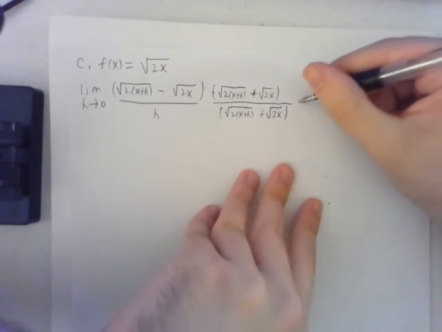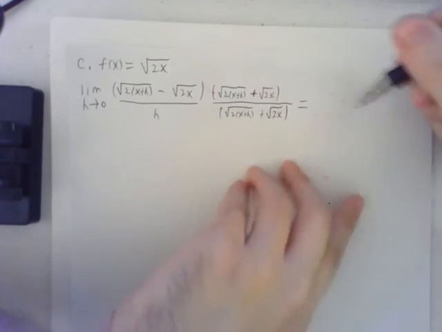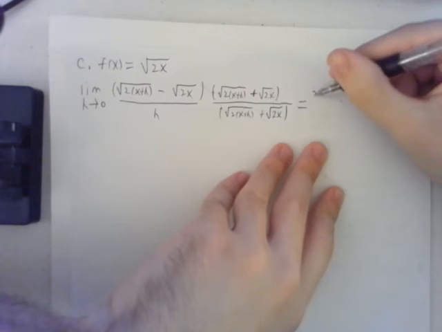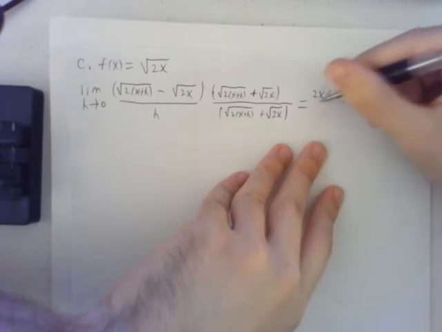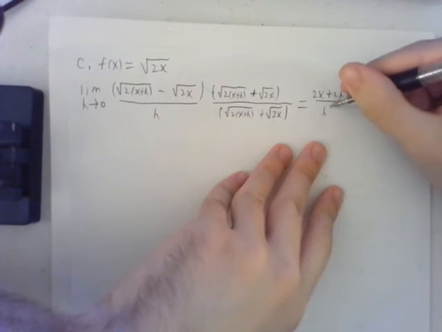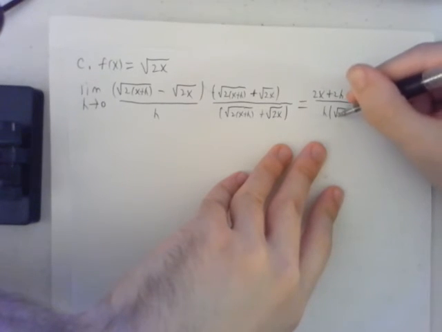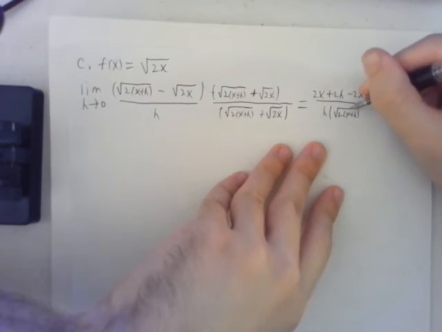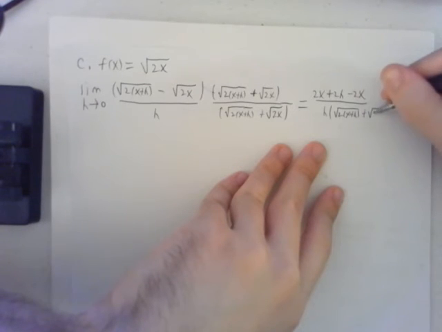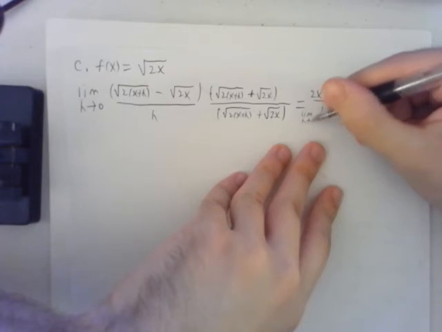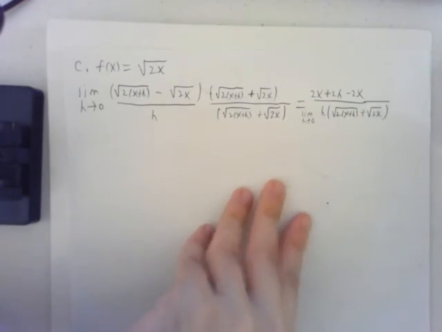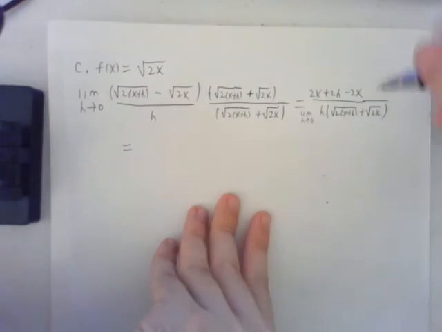And so when we multiply this out, the numerator simplifies a lot. It just becomes 2x plus 2h minus 2x, and the denominator becomes h times this entire thing. And we still have a limit as h goes to 0 that I've forgotten. Now we can cancel the 2x and the minus 2x.